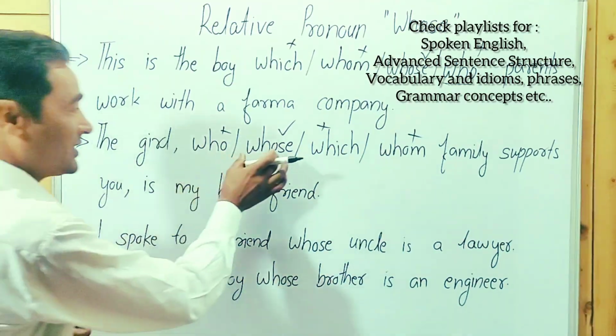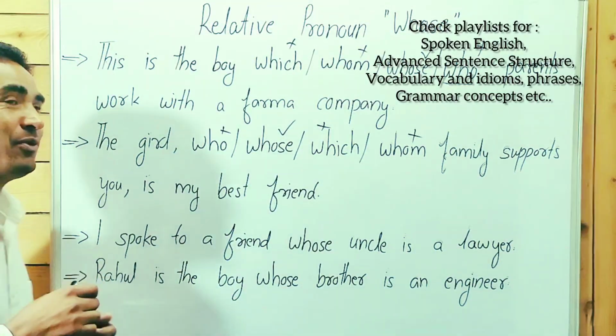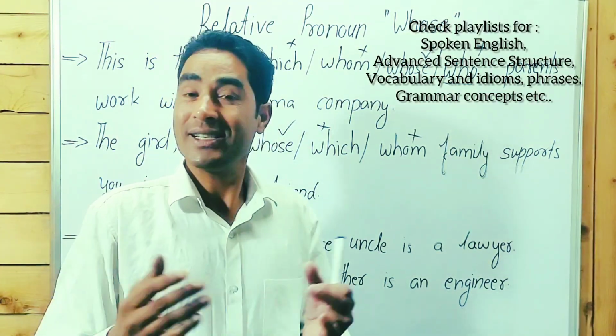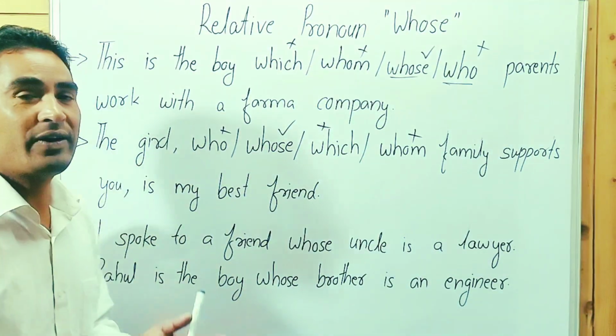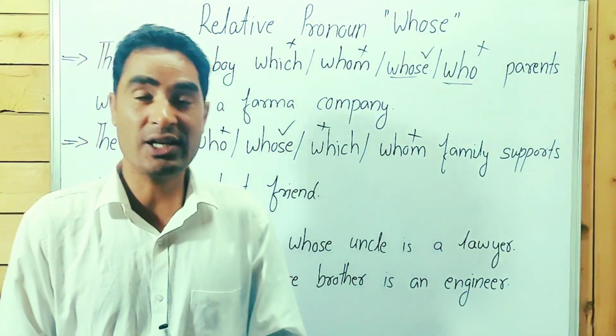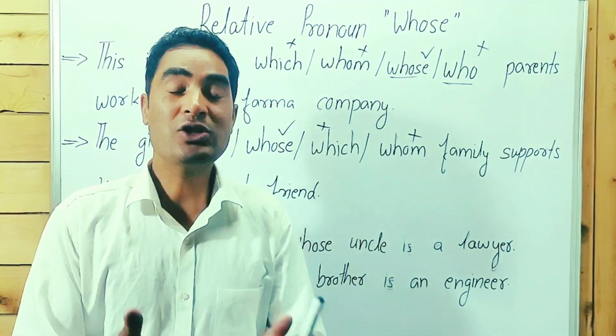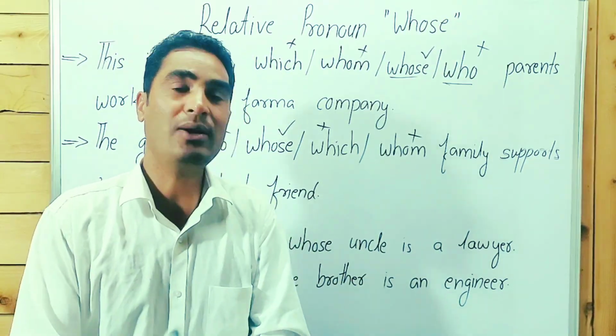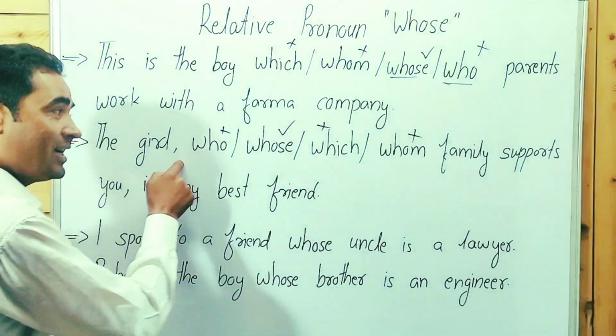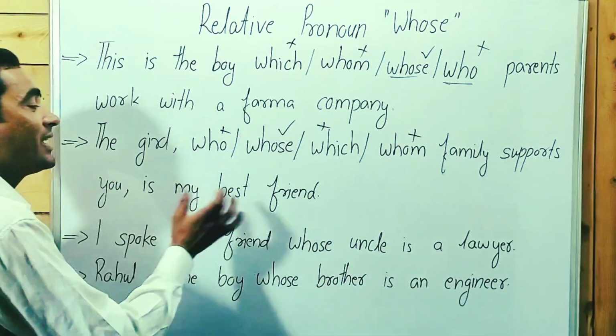So here, to show possession, we use the relative pronoun "whose." "Whose" is used to show possession. If you ask the question "whose family supports you," the answer is: the girl whose family supports me is my best friend.